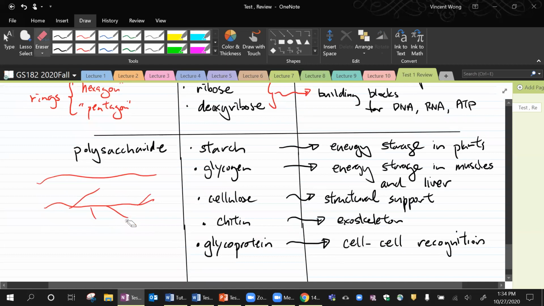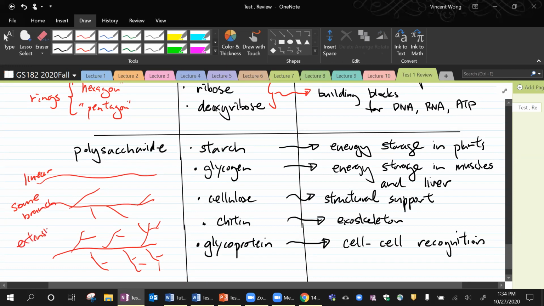And then when we talk about things like glycogen, they would be extensively branched, okay? So, linear, okay? Some branch, and then this is extensively branched. Okay.